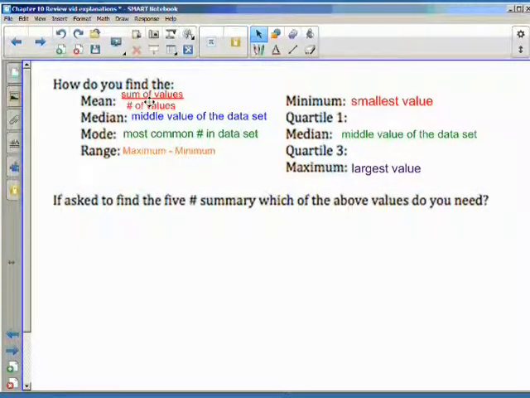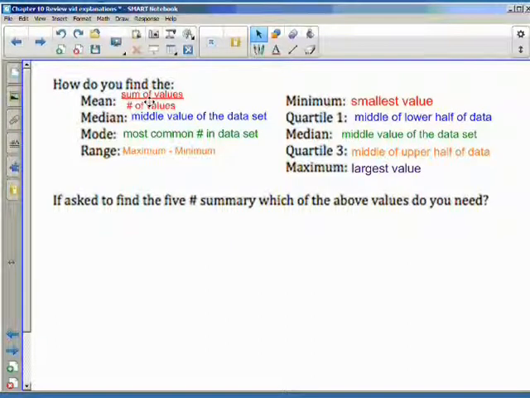If you split the data into 4 equal pieces, the range of the data in between those might be different, but there'll be the same amount in each grouping, all 4 groups. And so the first fourth is the middle of the lower half of the data, and the last fourth is the middle of the upper half of the data. And you could think of the median as quartile 2 if you wanted.